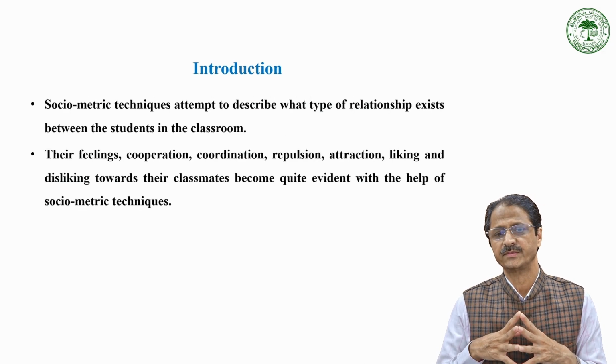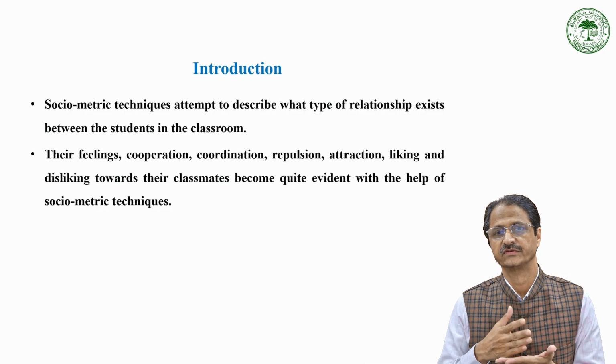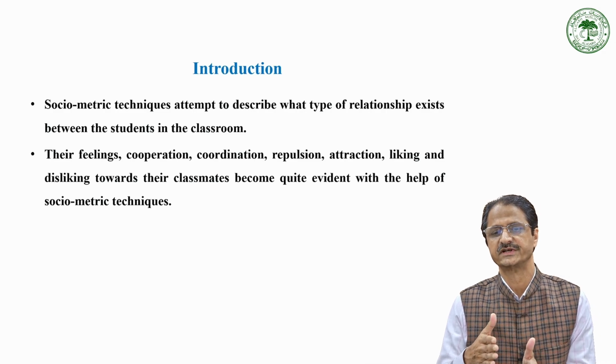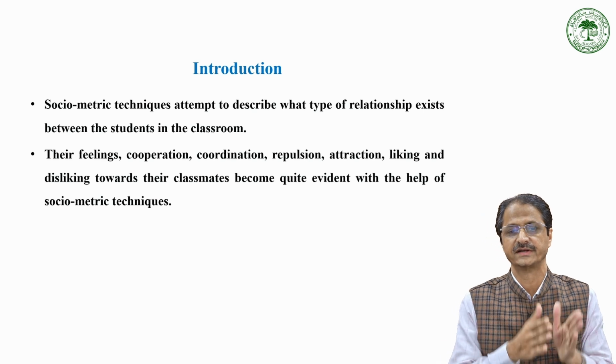Sociometric techniques attempt to describe what type of relationship exists between the students in the classroom. Their feelings, cooperation, coordination, repulsion, attraction, liking, disliking towards their classmates become quite evident with the help of sociometric techniques.